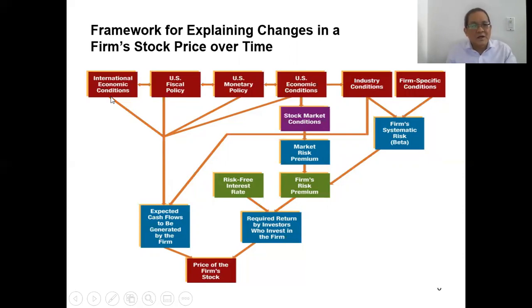We look at international economic conditions, we read about US fiscal policy, monetary policy, US economic conditions, and all this understanding of economics and policies helps us to think about one part of the equation that affects the industry and the firms, and eventually the firm's stock price, which is what we are trying to get at eventually.